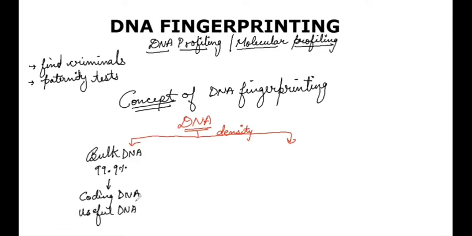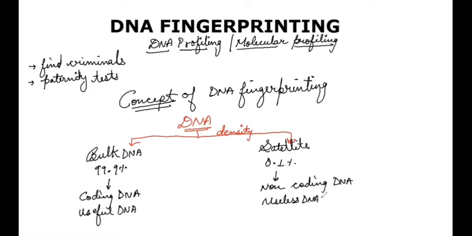The second part is the satellite DNA, which forms only 0.1% of the complete DNA, and this is the non-coding DNA or useless DNA. Non-coding means they will not code for any protein structures, so they are useless.